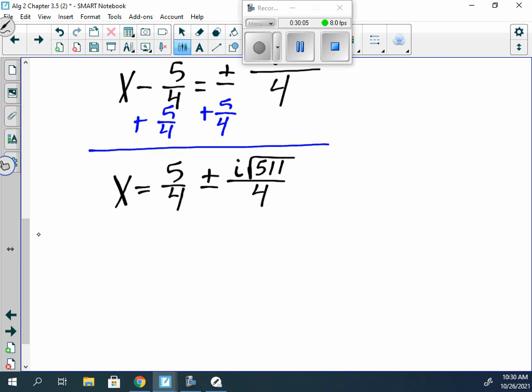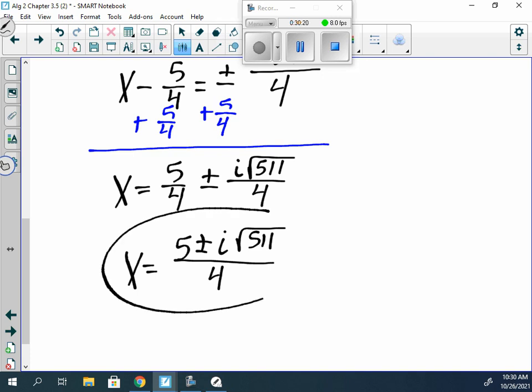Wait a minute, the denominators are both of these are the same, aren't they? We can write it as 1 fraction or we can write it as 2. Either one works just fine. Questions on this here?